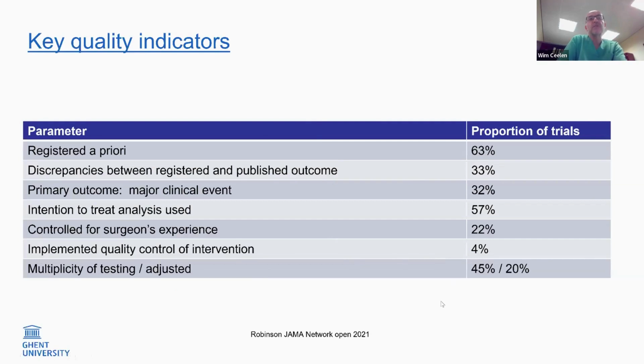For other quality parameters such as registering a priori before the start of the trial, this is quite good. It's 63%, but in fact, this should be 100%. And this is an essential quality parameter, the fact that you register a trial before starting it in a formal database such as clinicaltrials.gov or the European EUDRA-CT database or a similar one.